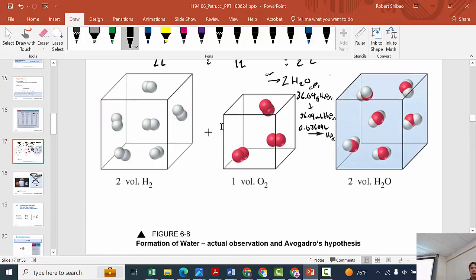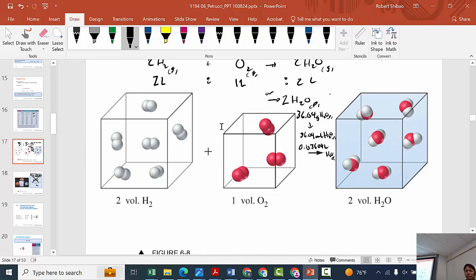Here. There are 2 ways we could do this particular reaction. One way is we could do Avogadro's like this. The other way we could do it is Dalton's. How would we do this as a Dalton's reaction?